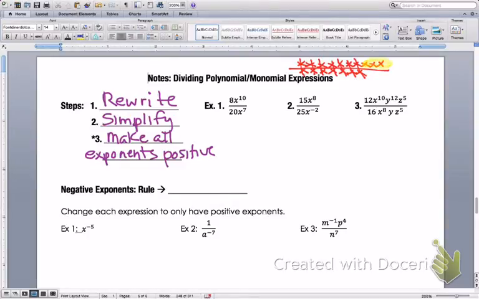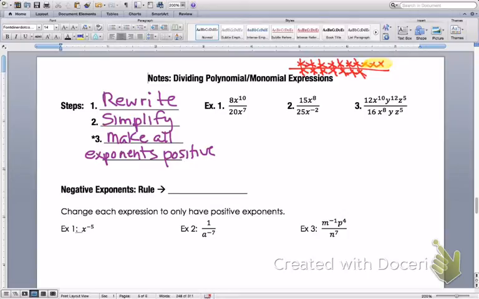And instead of writing 10 on the top and 7 on the bottom and canceling them out, the shortcut is to subtract the exponents. 10 take away 7 because 7 are canceling out. There are 3 left over on the top because there are more x's on the top.